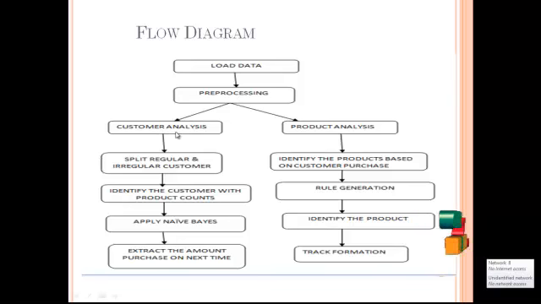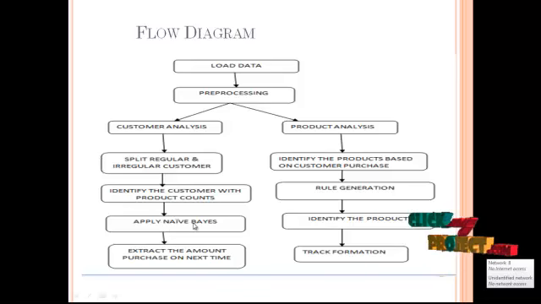One is customer analysis and the other is product analysis. In customer analysis, we split the customers into regular and irregular based on customer IDs, and then identify the customer with the product count. We select any one of the regular customers, count the products and how much they spend in the supermarket, and then apply the naive-Bayes classifier.